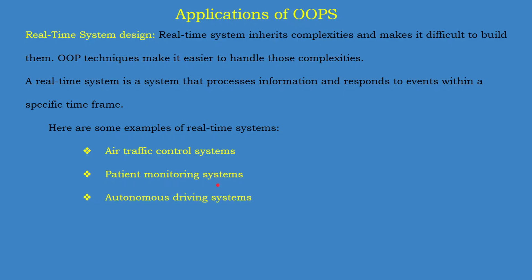And the autonomous driving system, an unmanned vehicle where the car runs without a driver. The car should be able to dynamically observe obstacles coming in the opposite direction and decide how to tackle the situation. These are a few examples of real-time systems. For such systems with dynamic complexities, OOPS helps a lot.